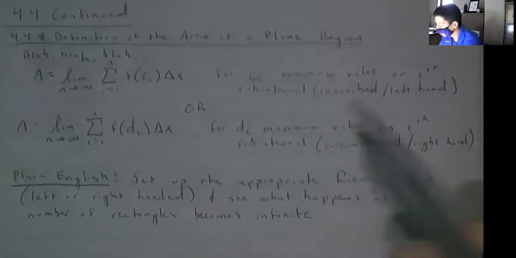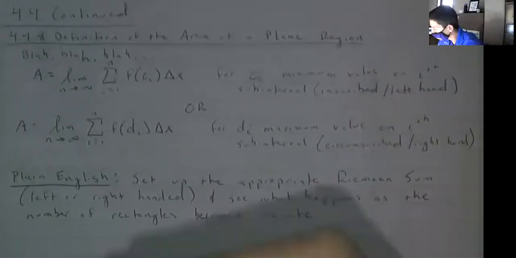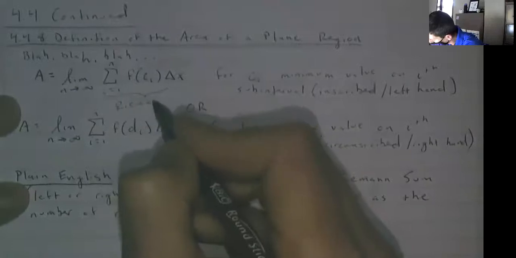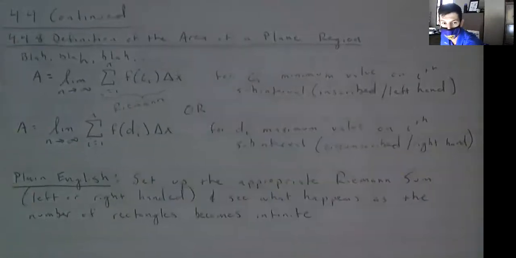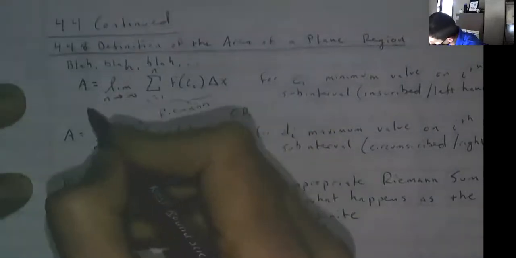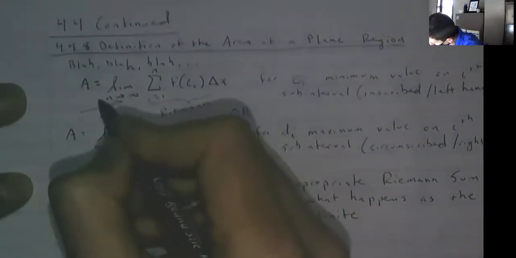So that actually might be somewhat useful to write. This is the Riemann sum. And this is, how does this work? Turn up to infinity.